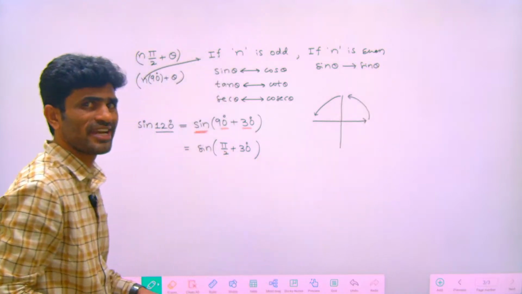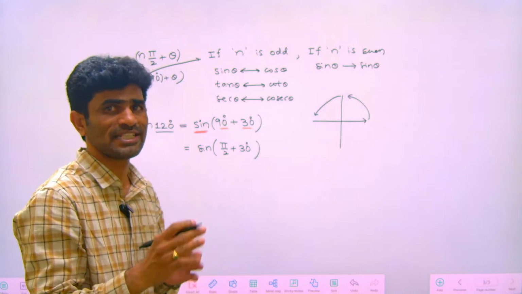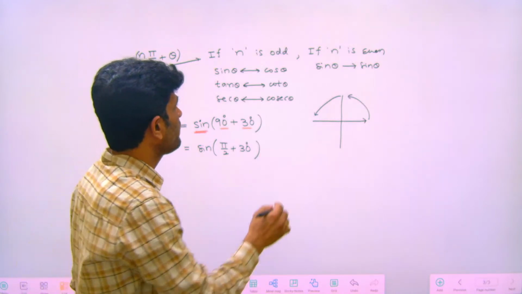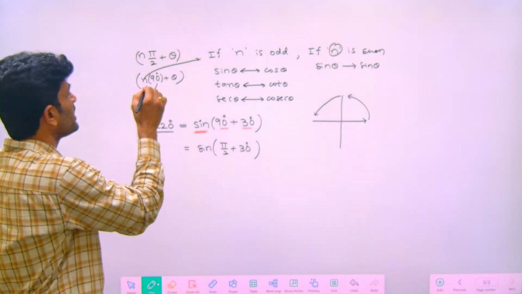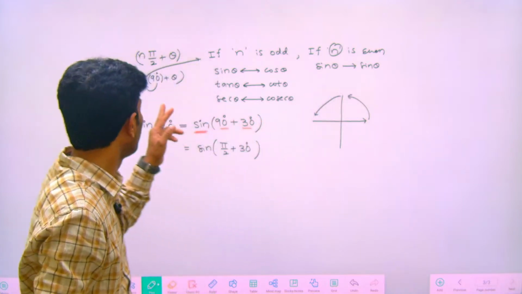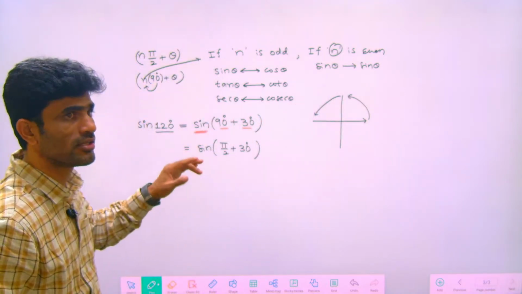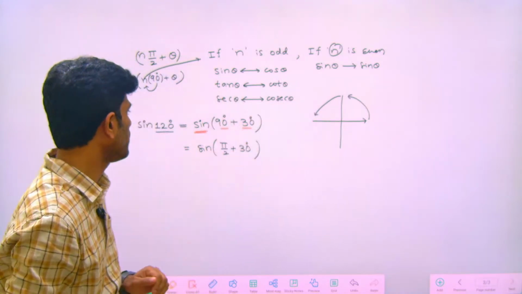Cos remains cos, tan remains tan, cosec remains cosec, the ratio remains as usual. If the multiple of 90 degrees is even, there will be no change in the ratio. If the multiple of 90 degrees is odd, then the ratio will be interchanged. So you have to keep that in mind.